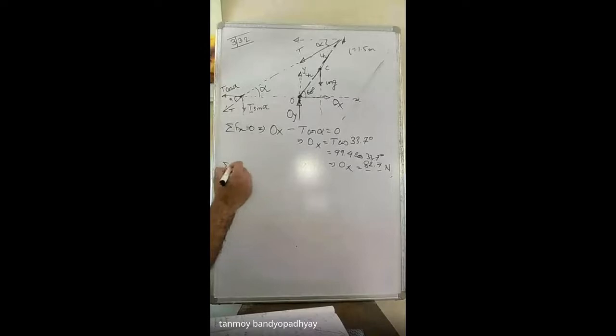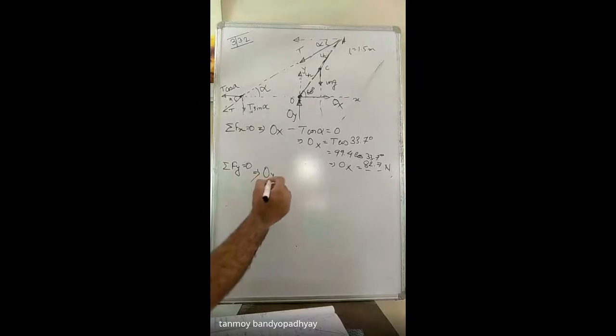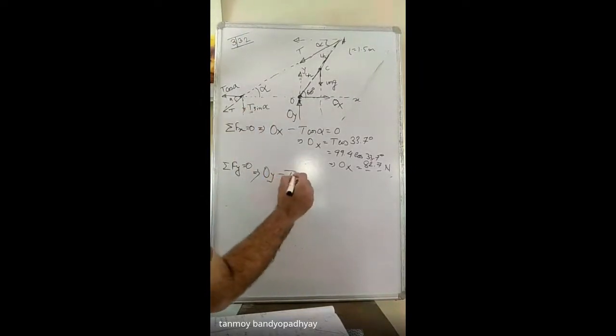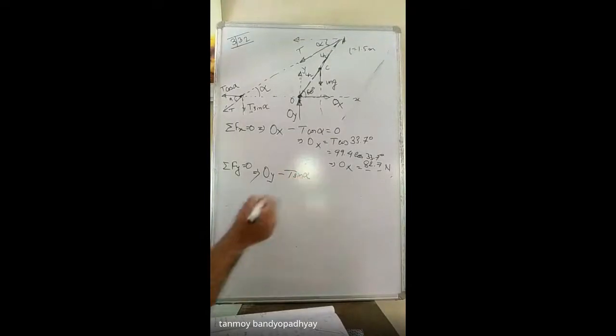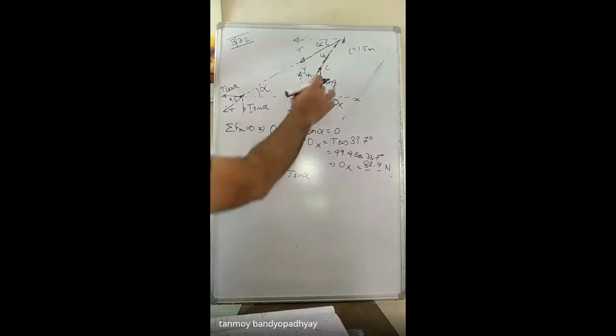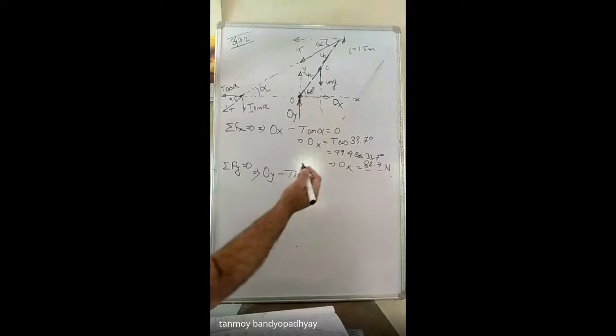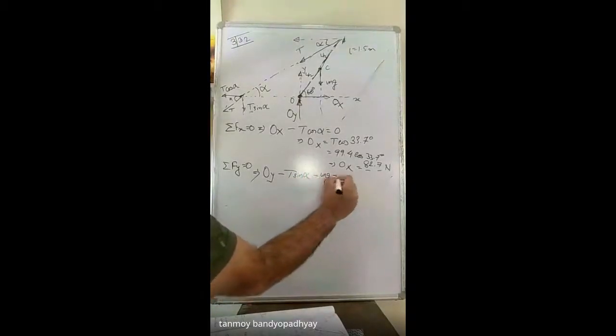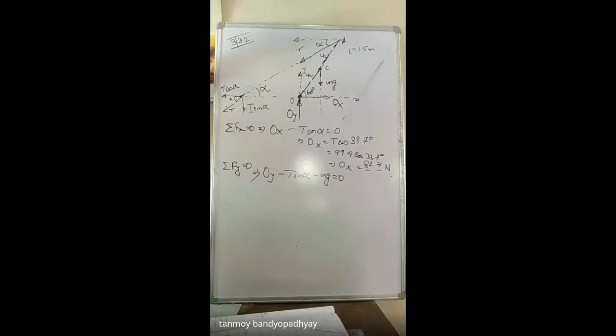For OY, just do a force balance in the Y direction. So what are the Y directional forces? OY, there is T sine alpha in the downward direction, so minus T sine alpha, and what else? mg is having its total contribution in the downward direction, so minus mg, that is equal to 0.